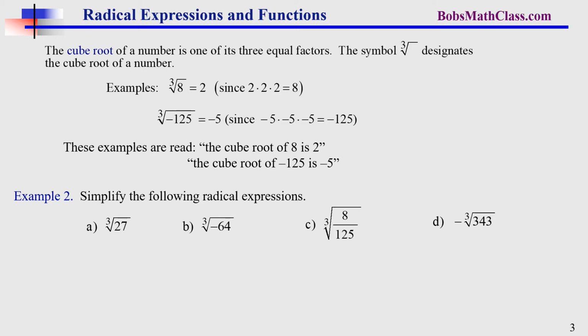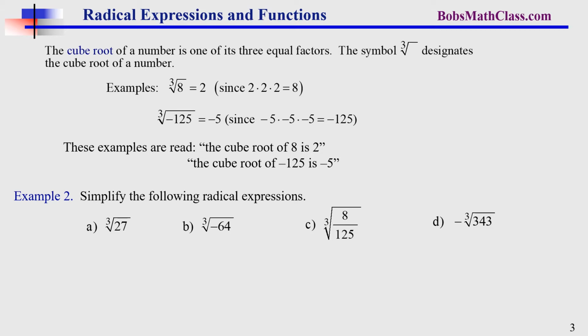How about the cube root of a negative number? We can have the cube root of a negative number. In this case, it's negative 5, because negative 5 times negative 5 times negative 5 equals negative 125. Again, you read this as the cube root of 8 is 2, and the cube root of negative 125 is negative 5.